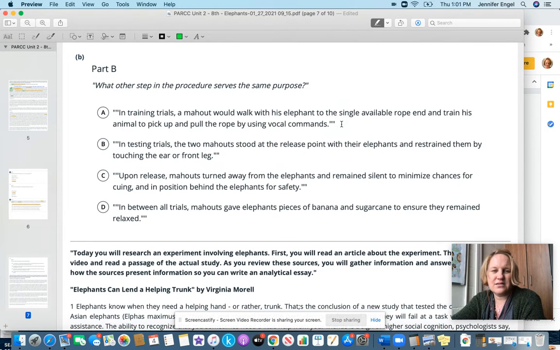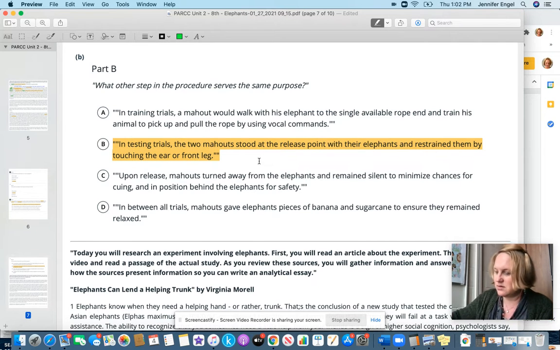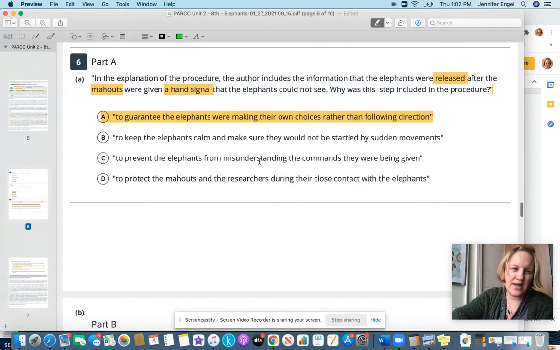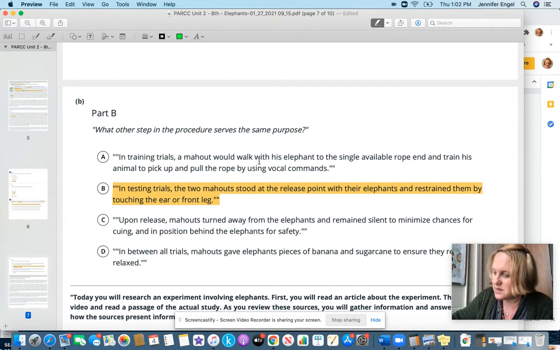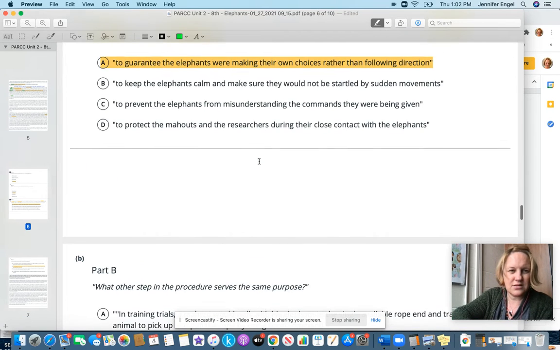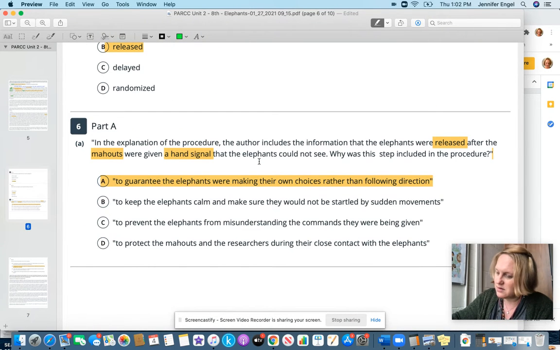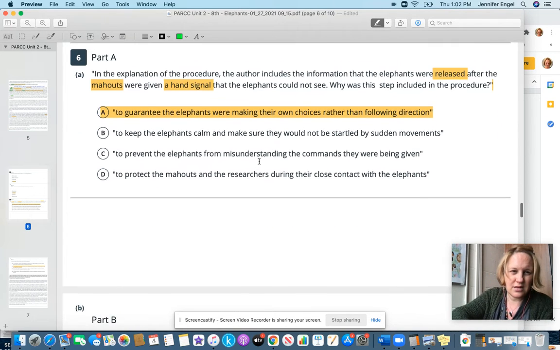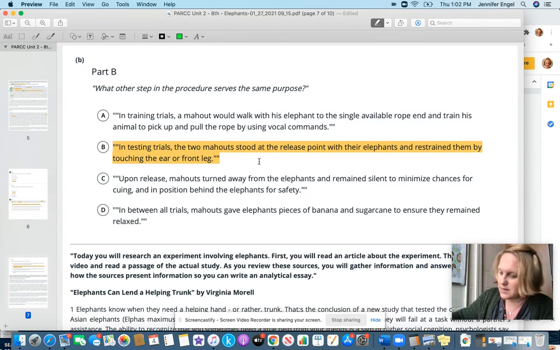They didn't want by using vocal commands. And we did read this one up when we were looking for the word restrained. So let's just say 6A is A and 6B is B.